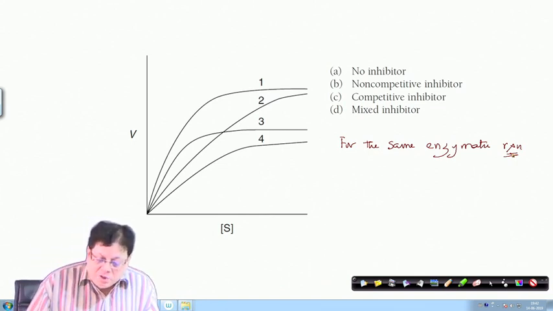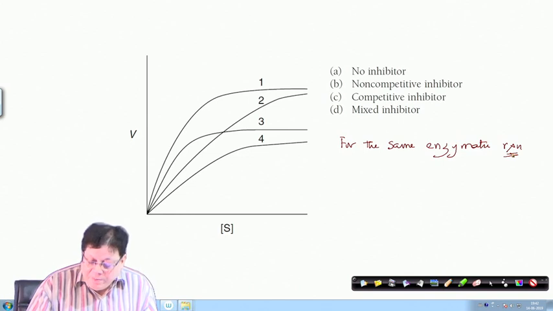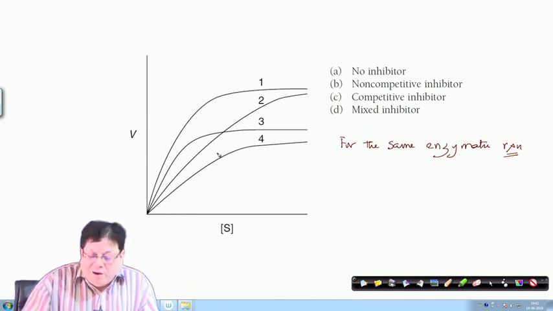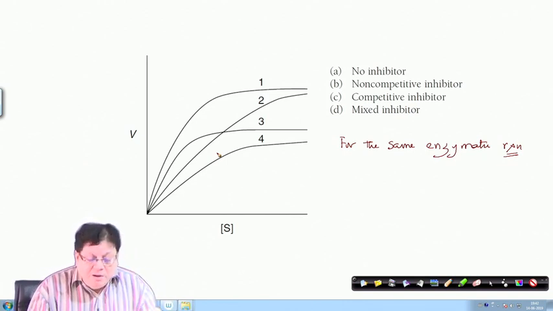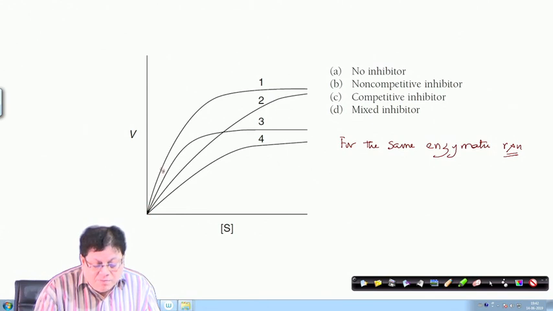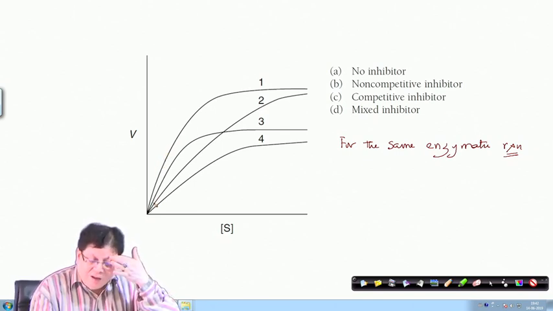Let us see, out of these 4 curves, the initial velocity, when the substrate concentration is low. This curve has the highest velocity, because this is the fastest growing. It has the highest gradient.